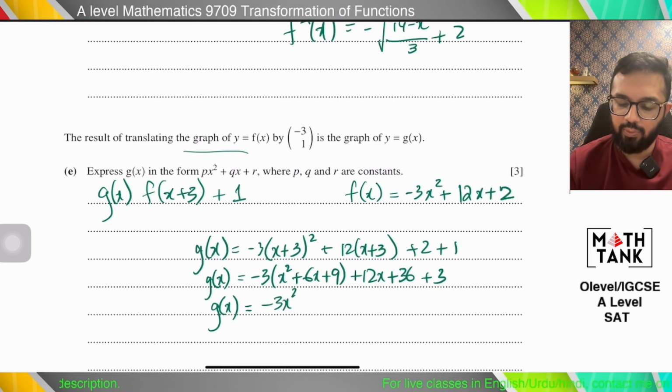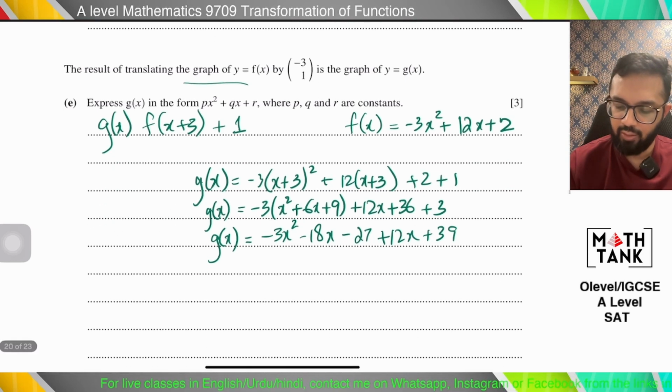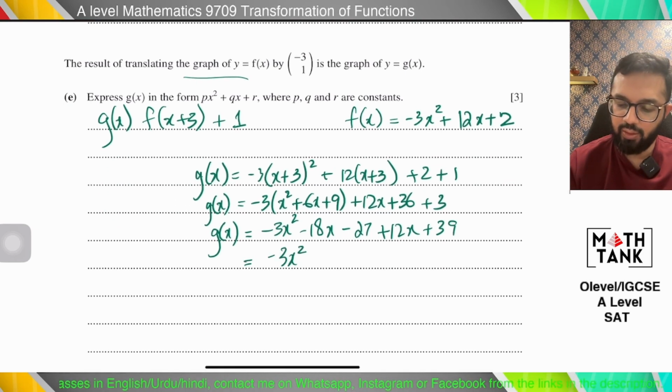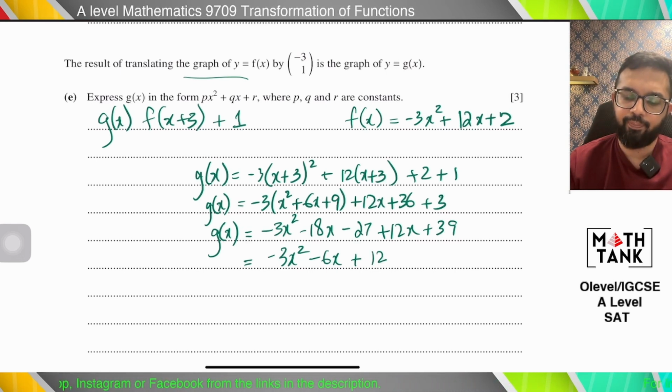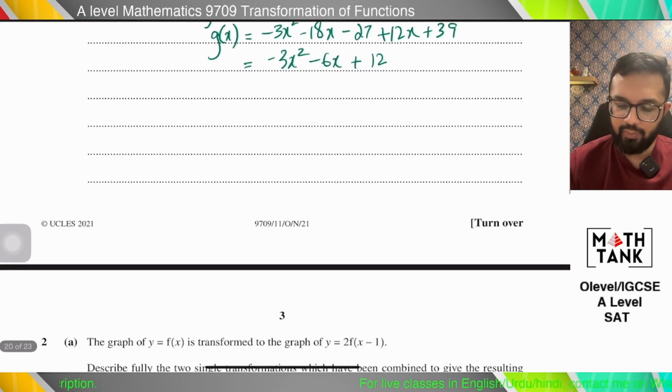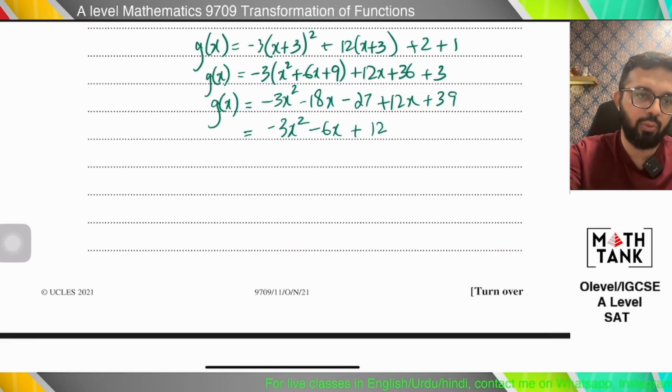Minus 3x squared minus 18x minus 27 plus 12x plus 39, minus 3x squared minus 6x plus 12. Okay, yeah, that makes sense, I think. I will have to check these answers though, they're a long set of questions.